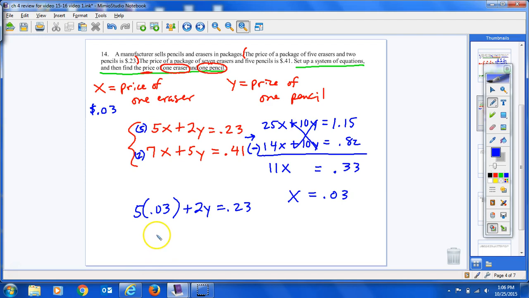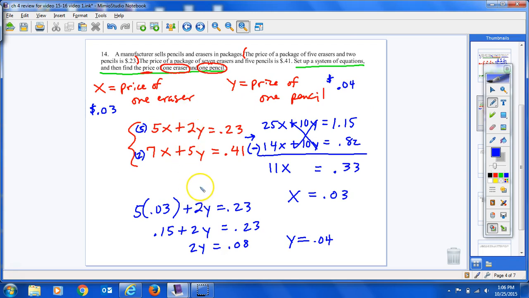That's 0.15 plus 2y. Subtracting 0.15 from both sides gives you 0.08, and dividing by 2 gives you 0.04. But again, we're talking about a price, dollars and cents. So the price of one pencil would be 4 cents.